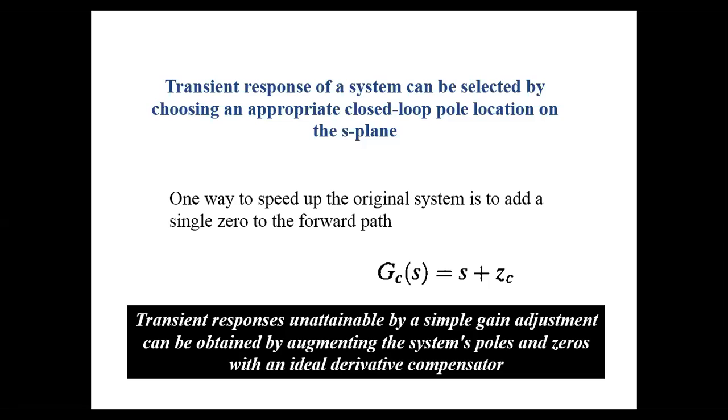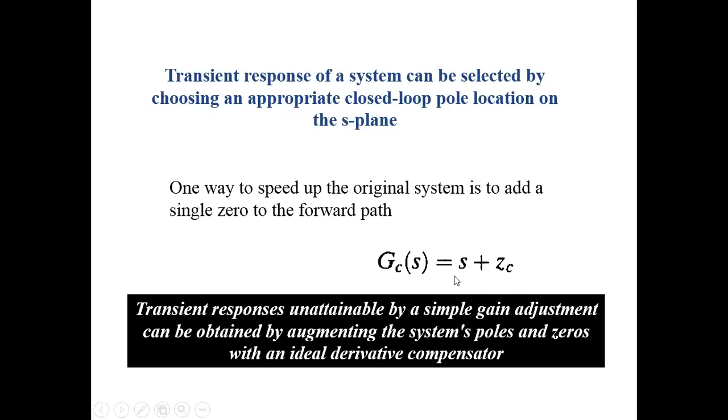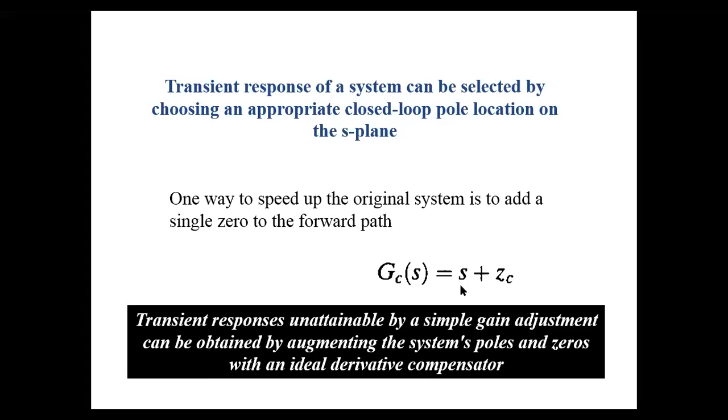One way to speed up the original system that generally works is to add a single zero to the forward path. This zero can be represented by a compensator whose transfer function is given as G_c(s). This function, the sum of a differentiator and a pure gain, is called an ideal derivative or PD controller.